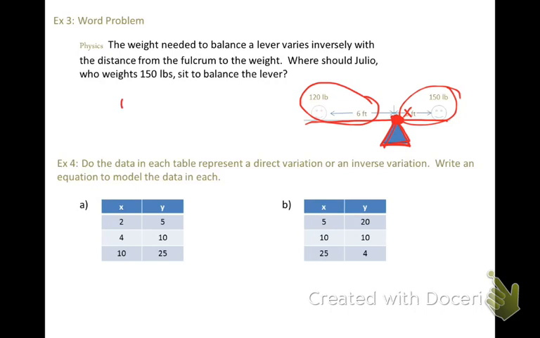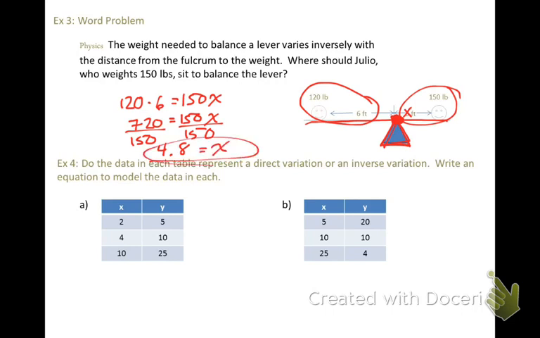I would do 120 times 6 equals 150 X. 720 equals 150 X. Divide by 150. And that's 4.8. He needs to be about 4.8 feet away from the fulcrum. So the bigger you are, the more weight, the closer you are to the fulcrum.